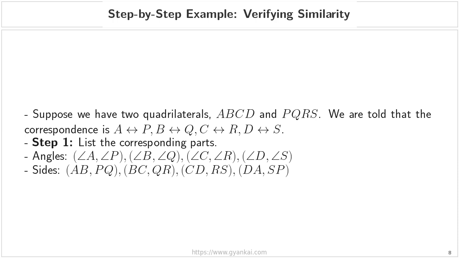These pairs are side AB with side PQ, side BC with side QR, side CD with side RS, and side DA with side SP. By laying everything out clearly like this, we set ourselves up for the next two steps, which we will cover in the following slides: verifying the angles and then calculating the side ratios.